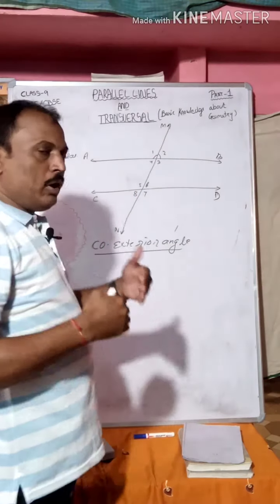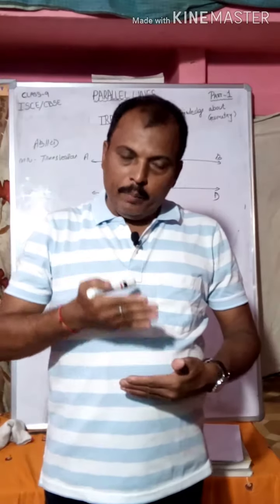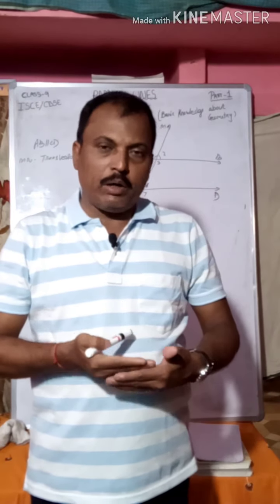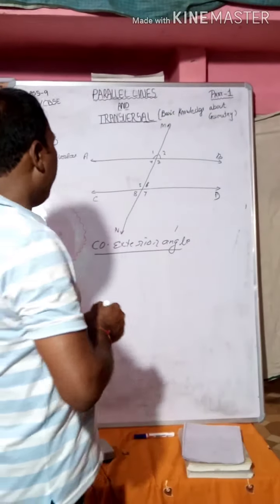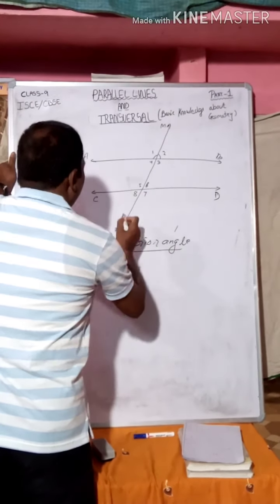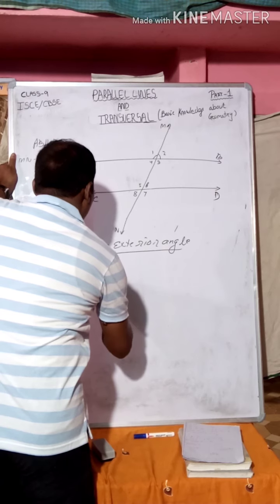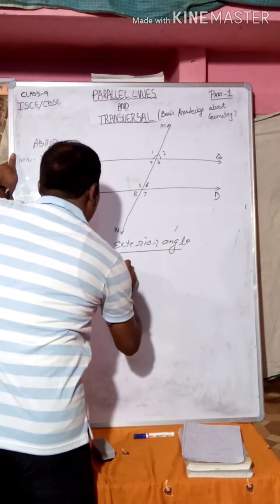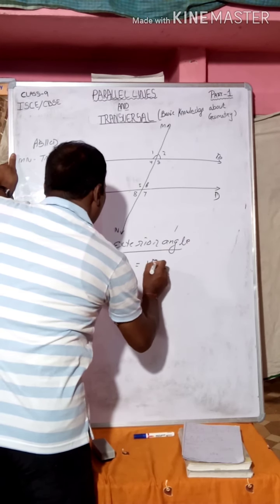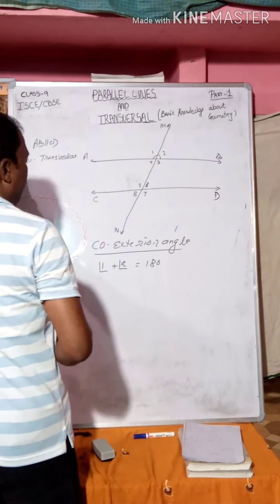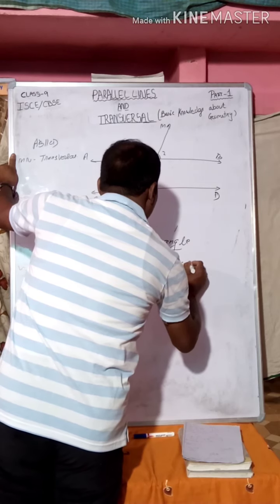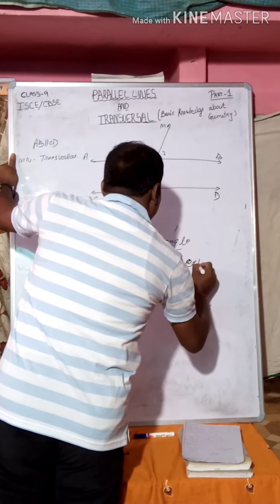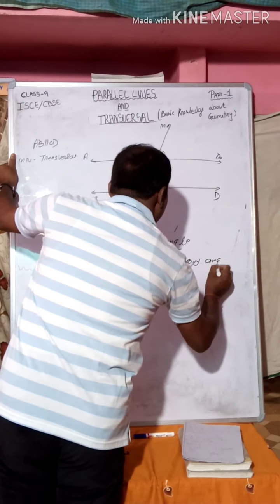They are on the same side of the transversal, but they are exterior angles. So they are co-exterior angles. The sum of 2 co-exterior angles is equal to 180 degrees. Angle 1 plus angle 8 is equal to 180 degrees.